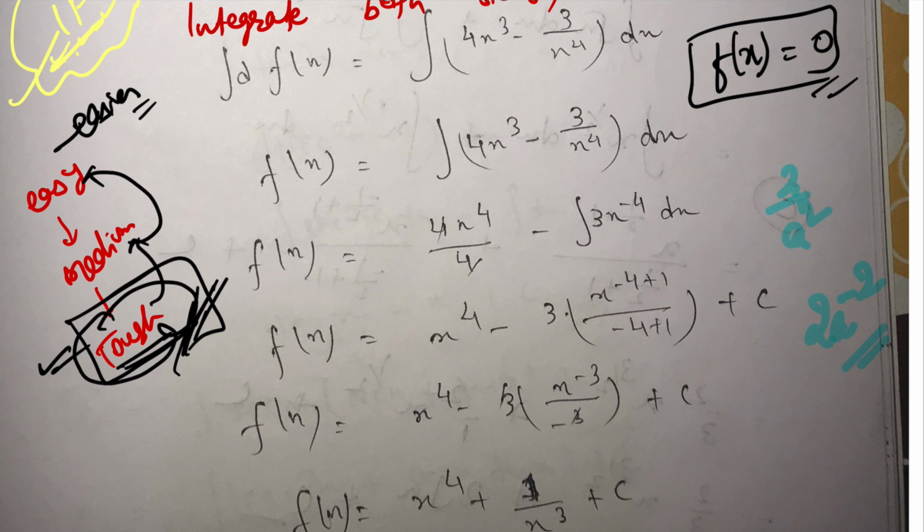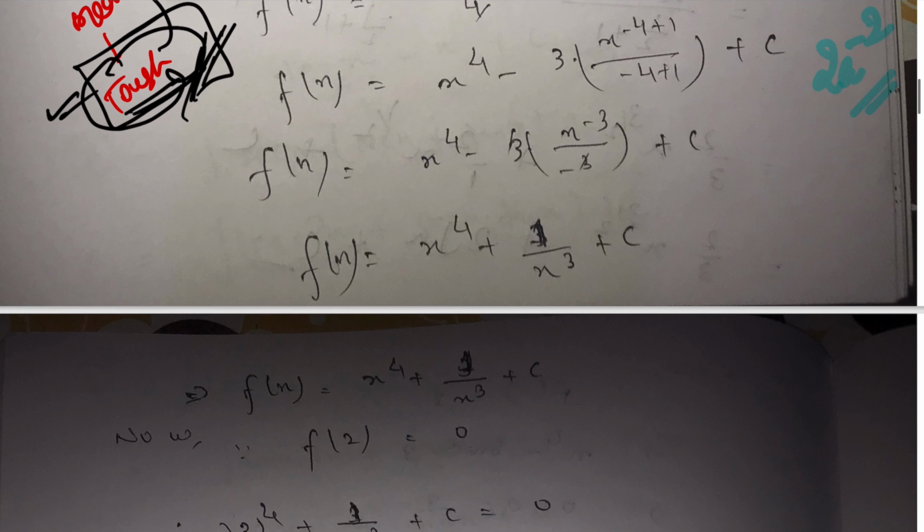So we have x to the power minus 3, because if we subtract 1 from 4 we have 3, and the sign of 4 is bigger, that's why it is minus 3. So we have x to the power minus 3 by minus 3. This 3 and 3 will be cancelled, so we will simply have x to the power minus 3 by minus 1.